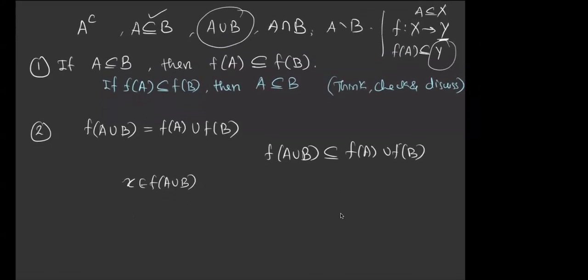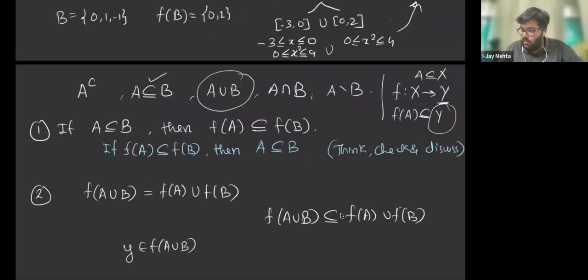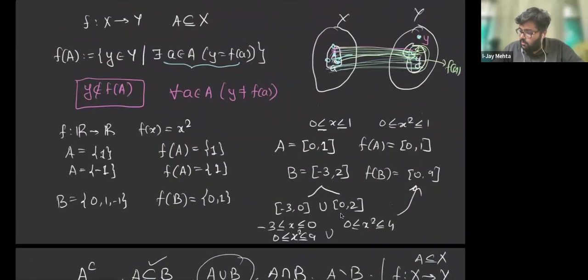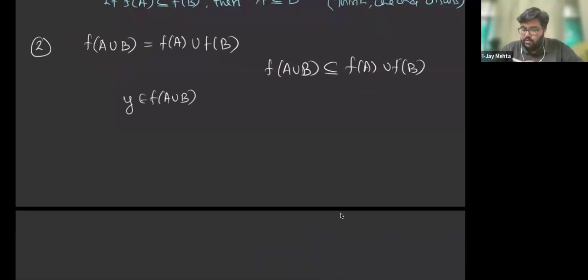So do you mind if instead of x, I take y, just to avoid confusion? Sure. You can prefer x or any element, it's fine. But I'm just taking y because here there is y in F of A, and x in A. Okay, y is in F of A union B.